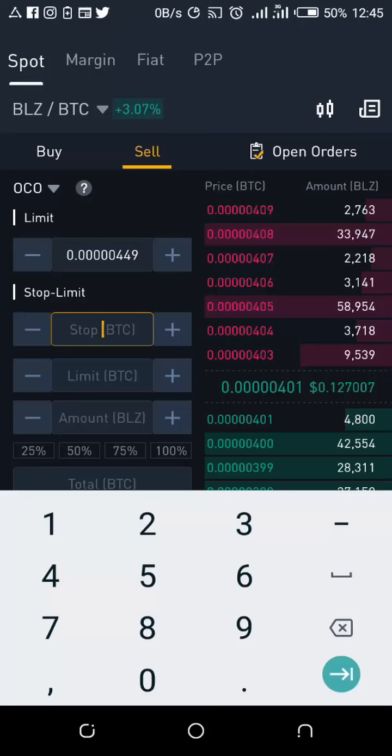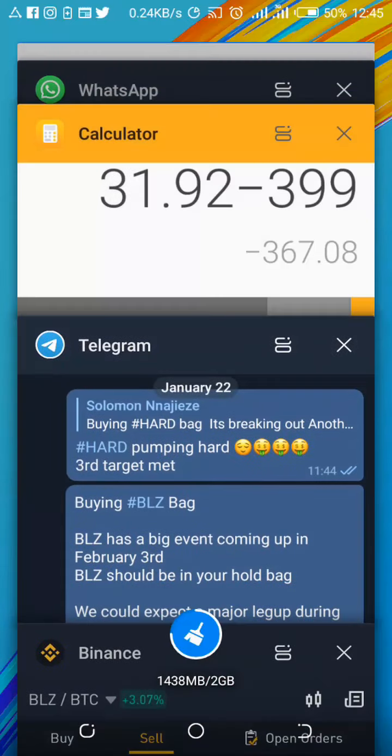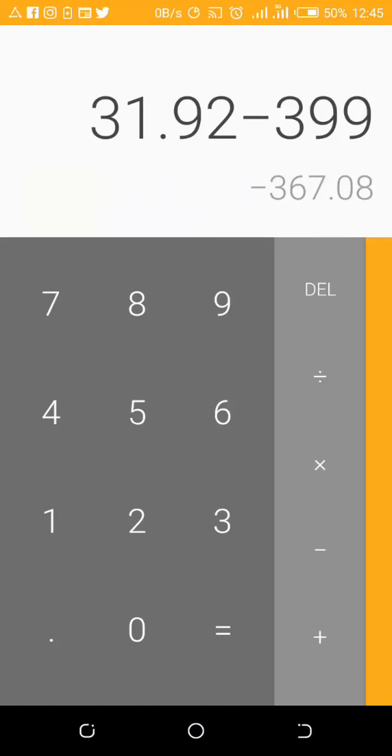Then we say the trigger price of this to be, that's the stop price. Let's say it is 0.00369. We are using a number higher than our stop limit price. Now let's see it again on the calculator. So we are going to stop our loss when the price gets to 367 Satoshi.